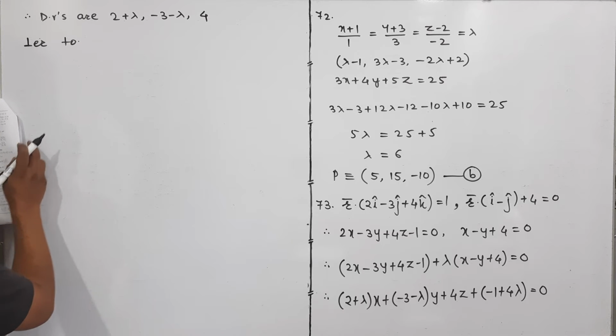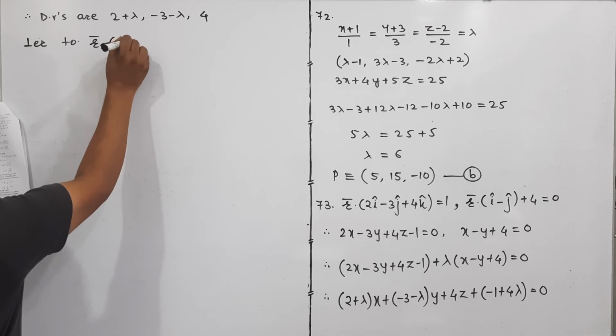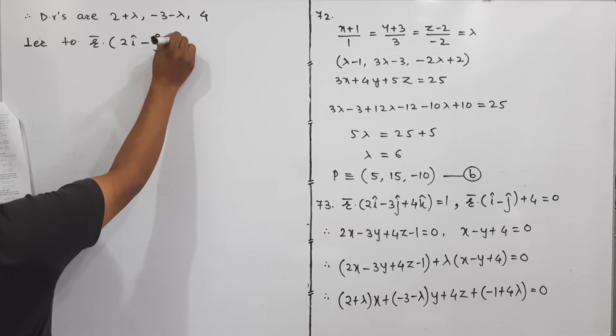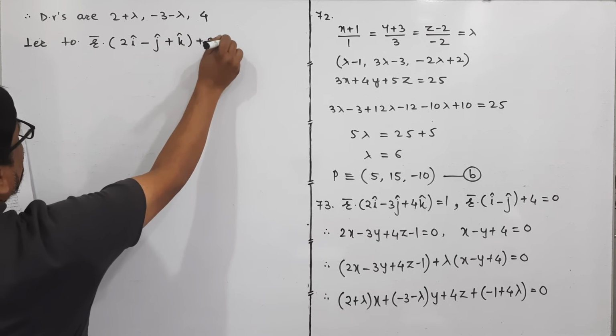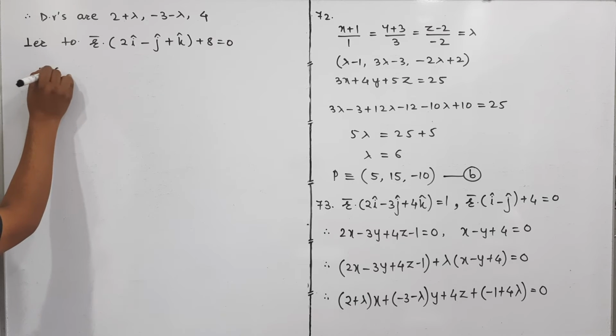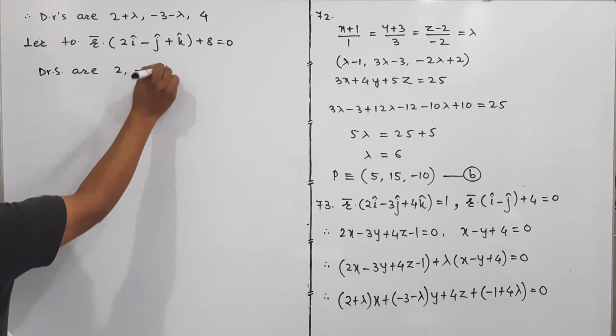Next plane is given r vector dot 2i cap minus j cap plus k cap plus 8 is equal to 0. Therefore, direction ratios of its normal are 2 comma minus 1 comma 1.